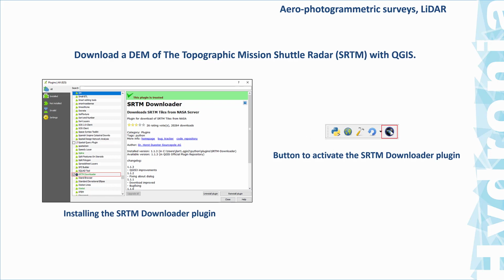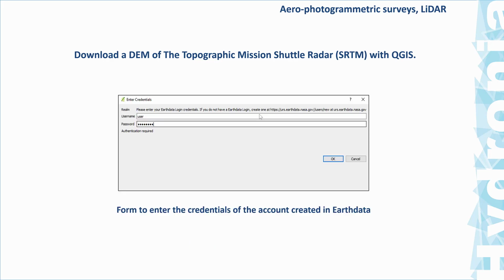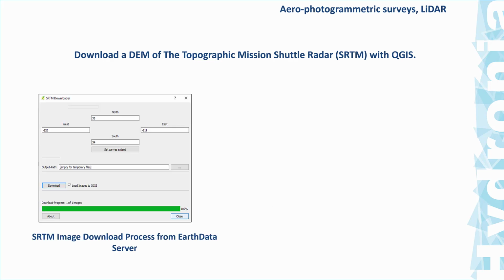Once you install the plugin, you will see that you have an icon that you use to activate the plugin. The advantage of this plugin is that it's user-friendly, so you can define the area that you want to download. You see that you have here the north and south parallel and west and east parallel, and then very easily you can download the data, and you may need to register for that.